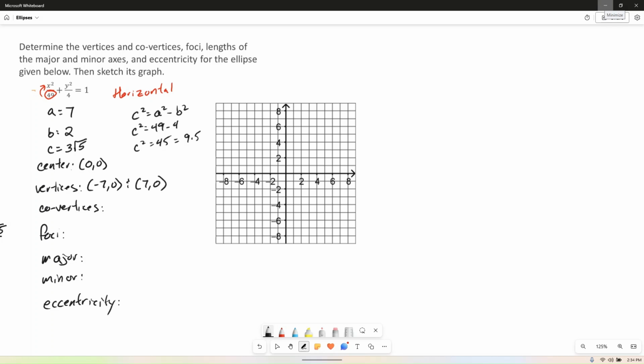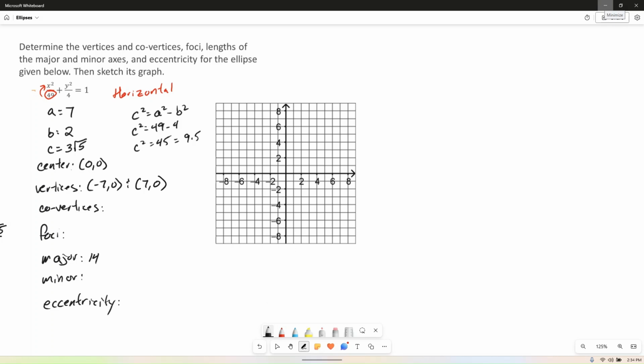From there, we can figure out the length of the major axis. It goes from one vertex to the other. One is at -7, the other is at +7, and that's a distance of 14. So the major axis has a length of 14. Remember, because this is a horizontally oriented ellipse, the vertices are horizontal to each other, not vertical.